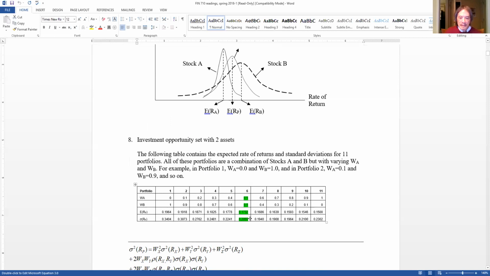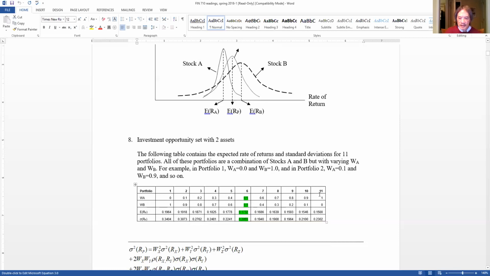Now, of course, we can construct the portfolio in any way, in other words, in different sets of weights. For example, here is the portfolio with a 0 investment in A and 100% investment in B. In this portfolio, we have 10% weight for A and 90% weight for B, and so on.